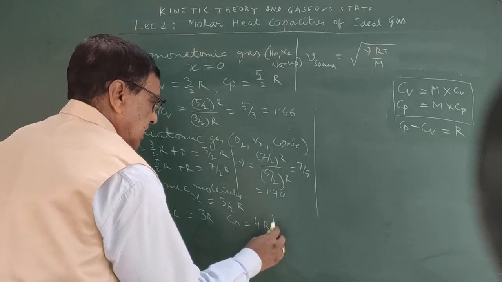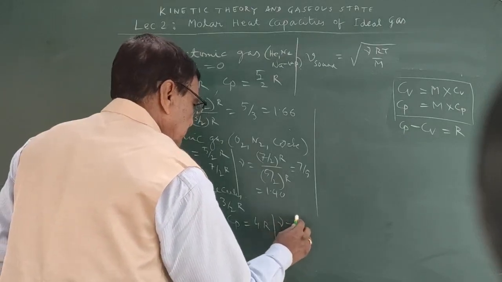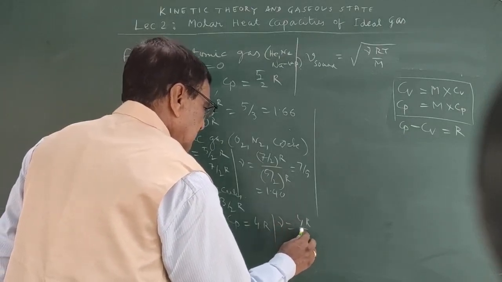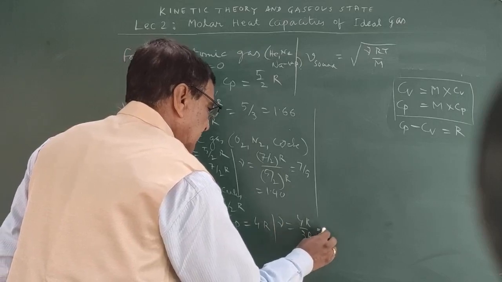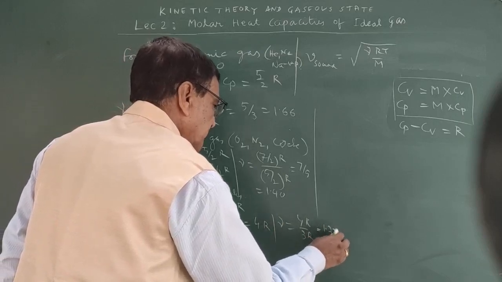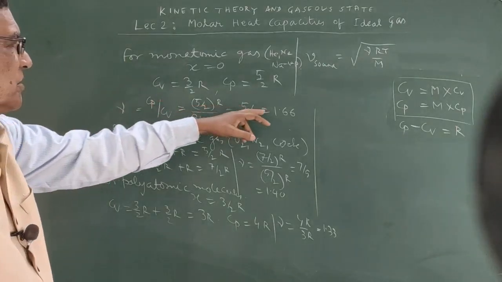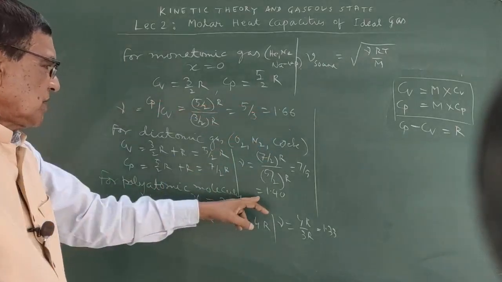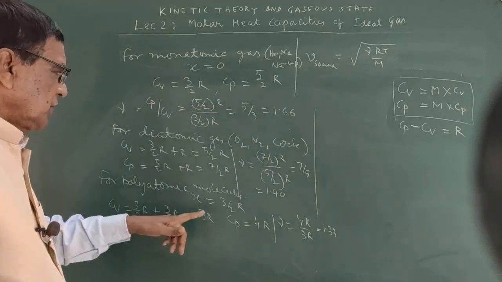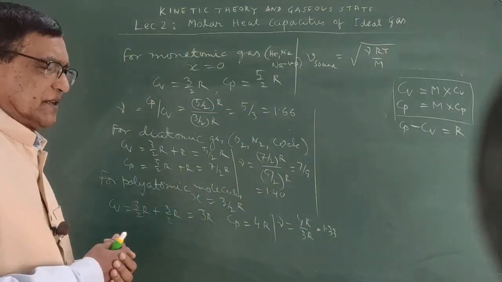So gamma is equal to 4R divided by 3R, equal to 1.33. So for monoatomic it is 1.66, for diatomic it is 1.40, for polyatomic it is 1.33.